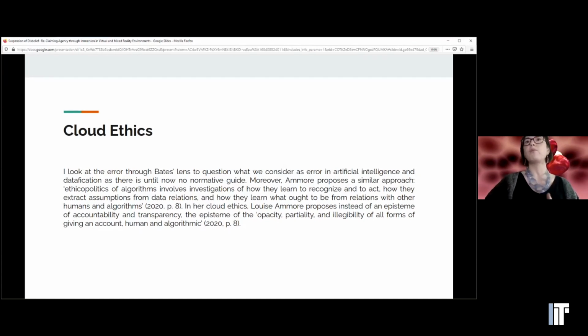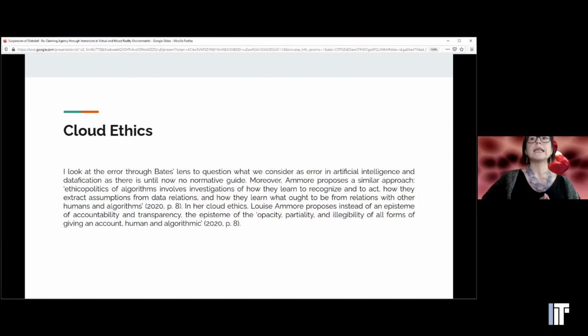Moreover, Louise Amoore proposes a similar approach in her Cloud Ethics. She says, quote, ethical politics of algorithms involves investigations of how they learn to recognize and to act, how they extract assumptions from data relations, and how they learn what ought to be from relations with other humans and algorithms.